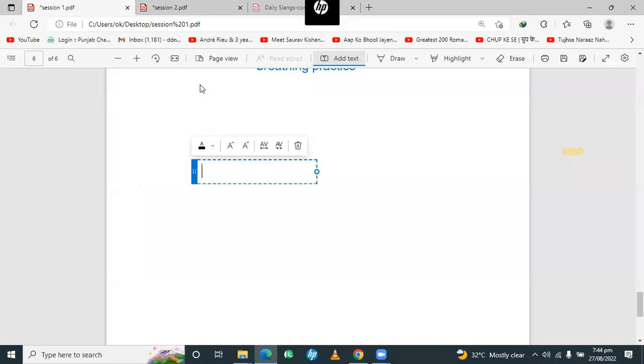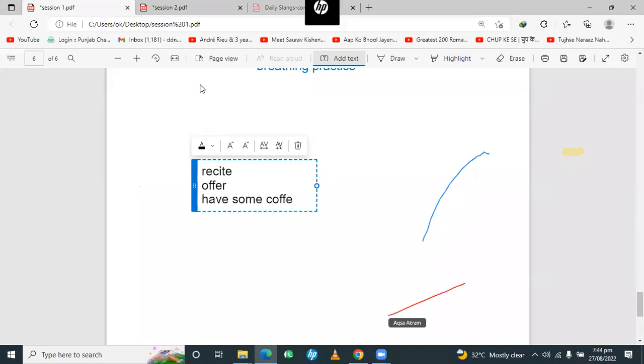So whenever you are reading any holy book, don't say I read the Quran, I read the holy book. You can say I recite. Okay, recite. Next word is offer. When you are offering the prayer, you can use the word offer. Whenever you are eating something, you don't need to say I eat my breakfast, I eat this, I drink this. No, you can say I have some coffee, or you can say I have my breakfast.